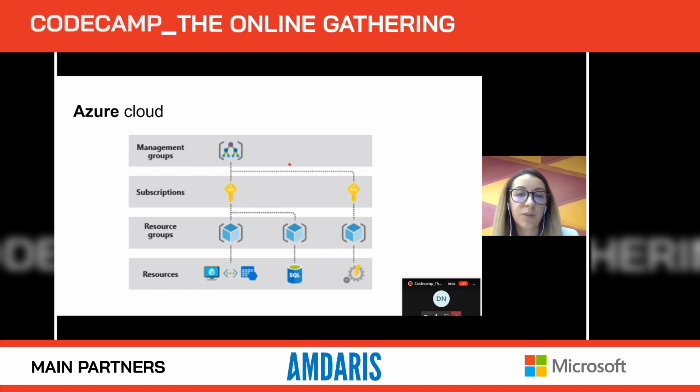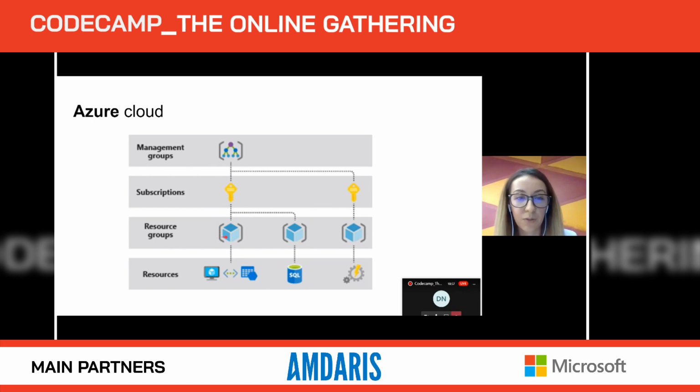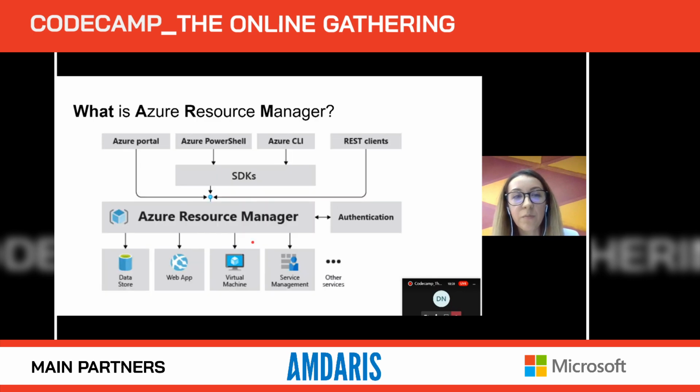When we talk about Azure Resource Manager templates, what we're going to be discussing today only operates with these three layers. So we'll talk about resources, and we're going to deploy them in resource groups. They can also be deployed at subscription level, but we won't talk about that. We will focus on this.